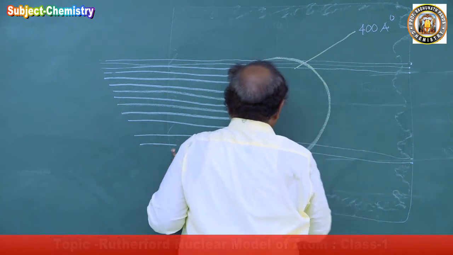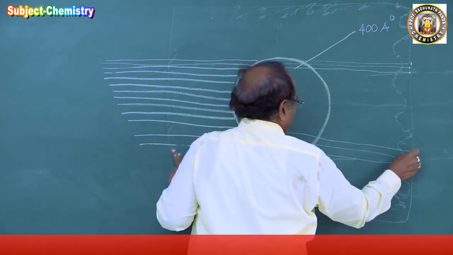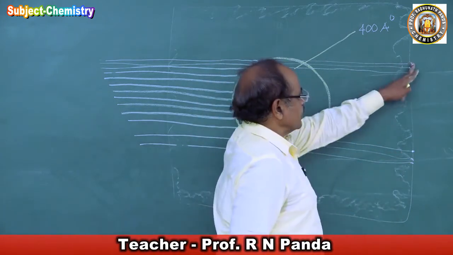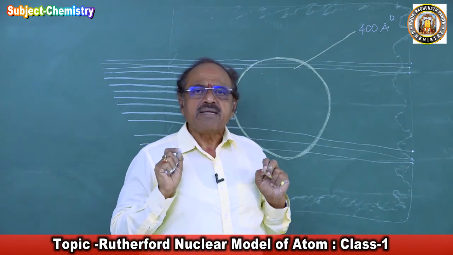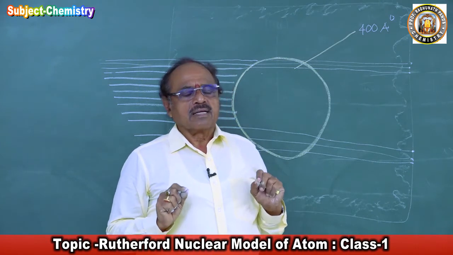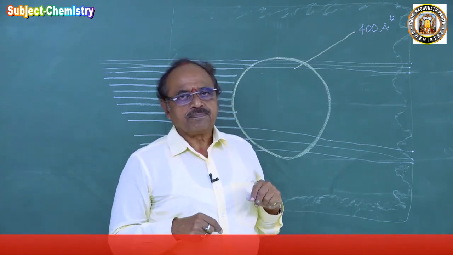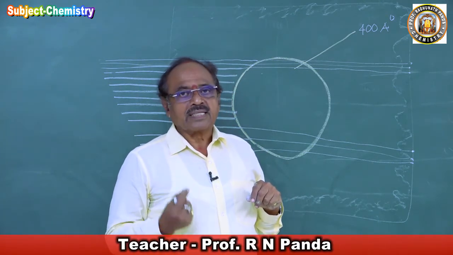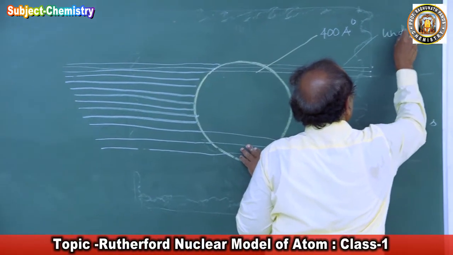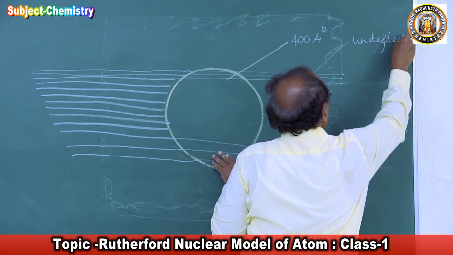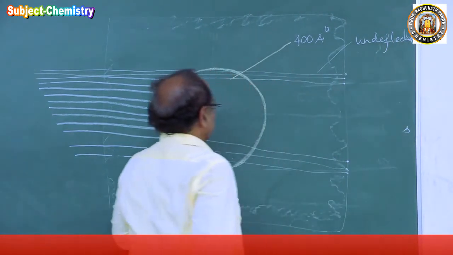Means they are remaining undeflected, moving in the same straight line as they were entering into the box. So most of the alpha particles remain undeflected.